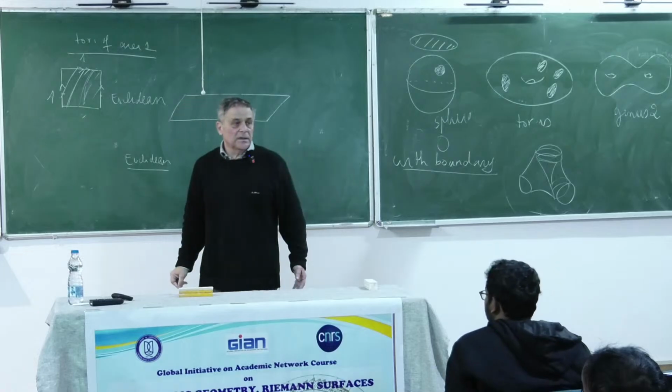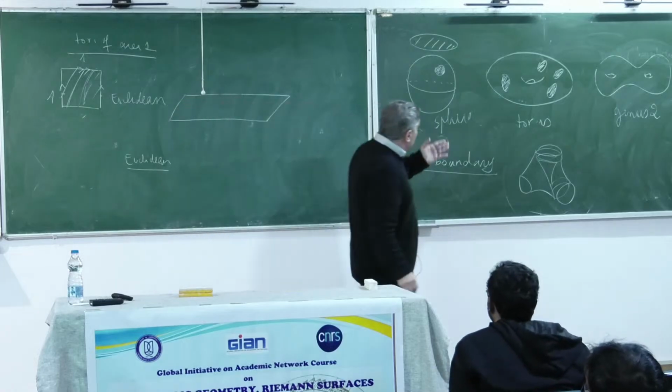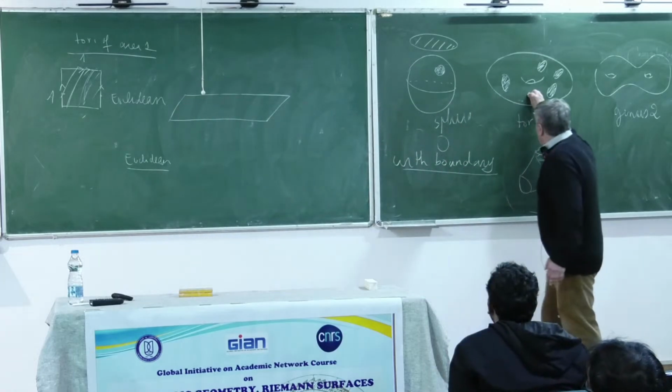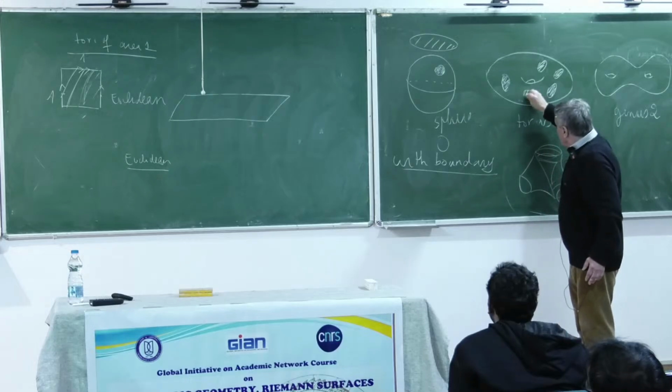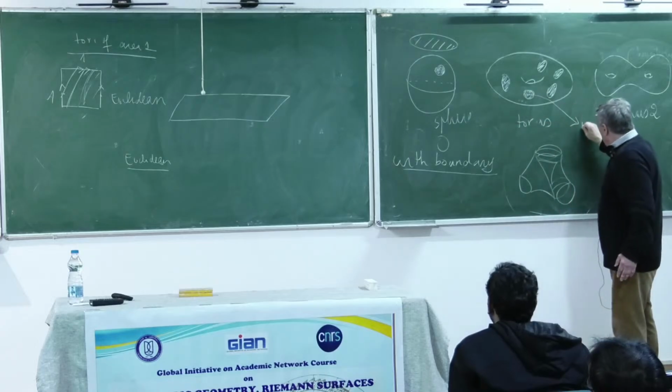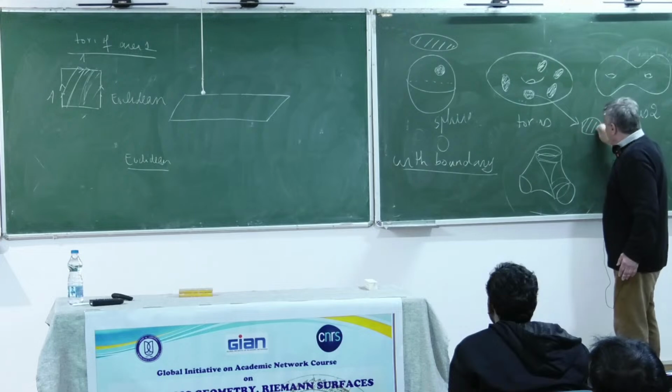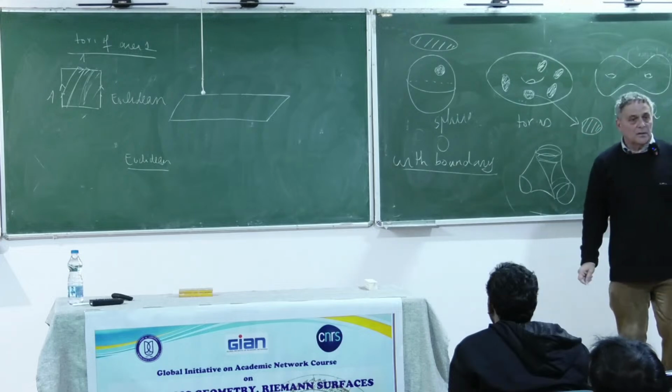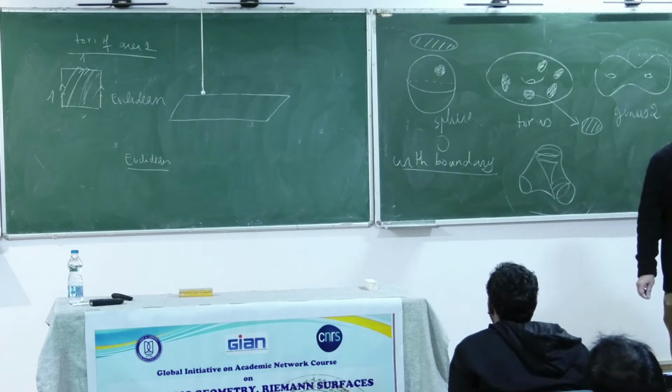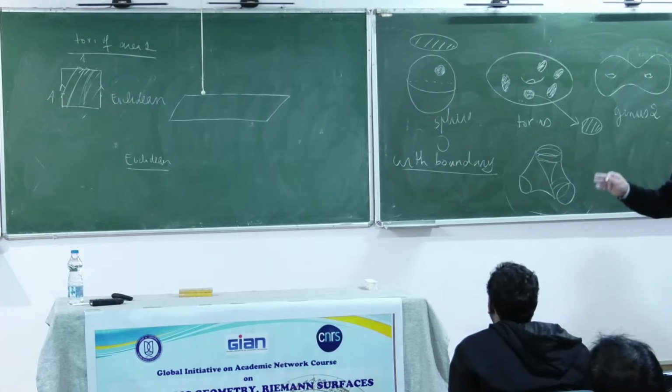What does this mean? This means that around each point, I have a small or a big neighborhood, which isometrically I can see as a subset of the Euclidean plane. This is what I mean by a Euclidean metric.